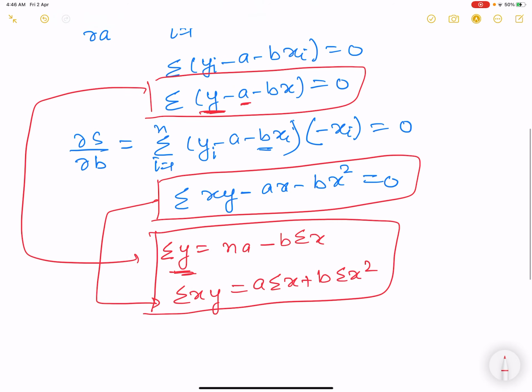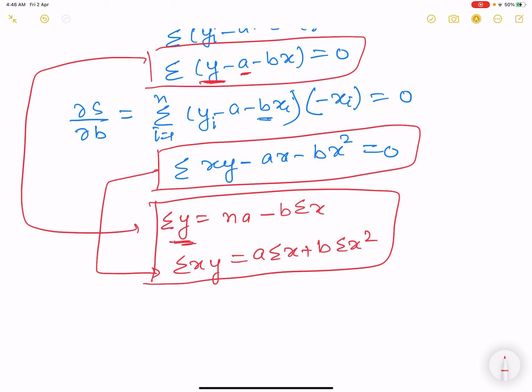What are a and b? a and b are constants. And what do we have to do? We have to find the values of a and b.